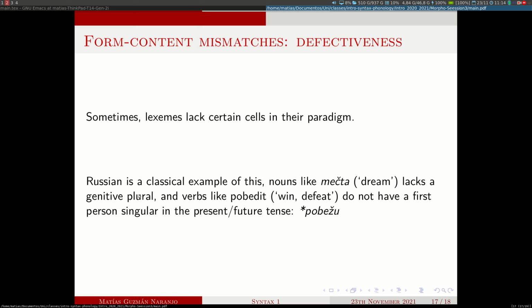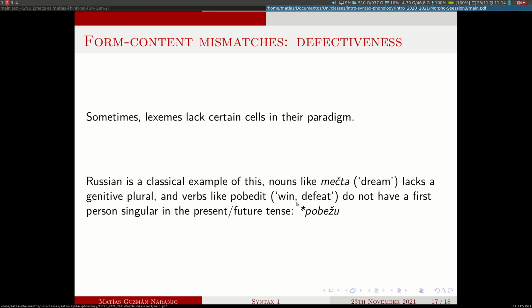You need to use a different construction. I think the other very famous example is kočerga, which is a fire poker, which also doesn't have a genitive plural. And there's a story of an office that wanted to ask for 5 of them, and they couldn't figure out how to ask for 5 of those, so they had to ask for 3 red and 2 blue.